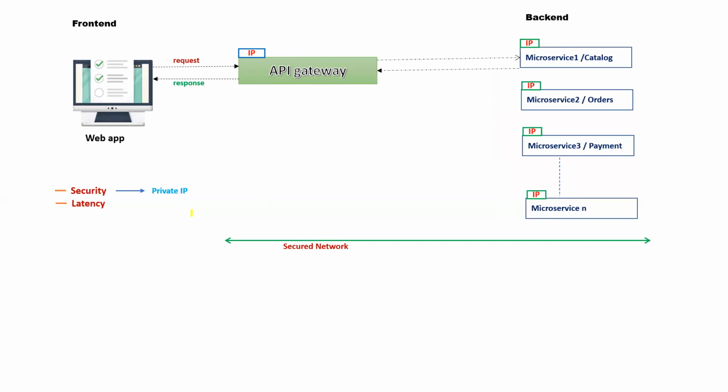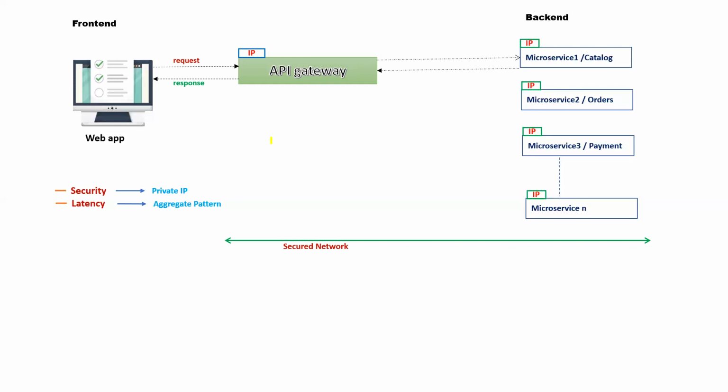So by having private IPs for the individual microservices, I will be stopping the security risk here because I will not expose the services' IPs as public. I will only expose them privately. That way, I'm having the security restriction part here.